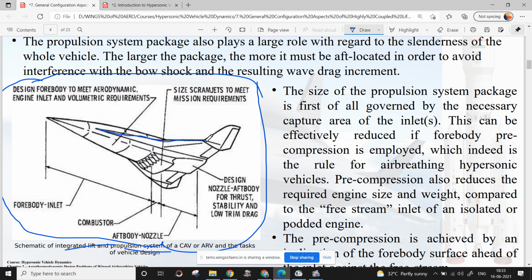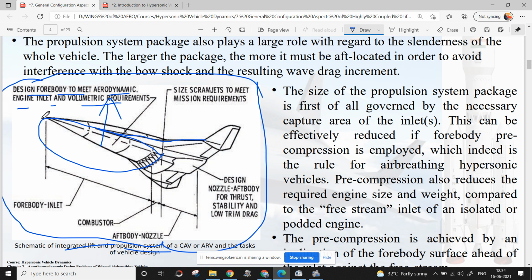Another parameter given is to design the forebody to meet aerodynamic, engine inlet and volumetric requirements. So the lower surface of the cruise and acceleration vehicle is going to help with lift generation and pitch movement, and also the forebody section.